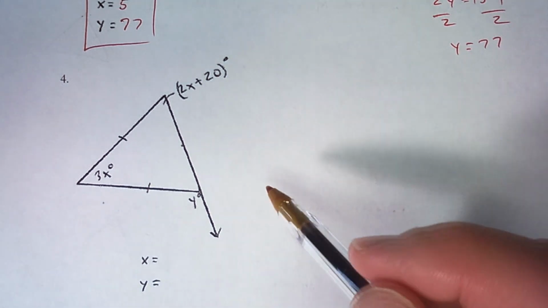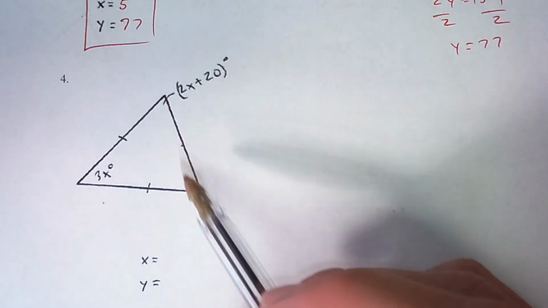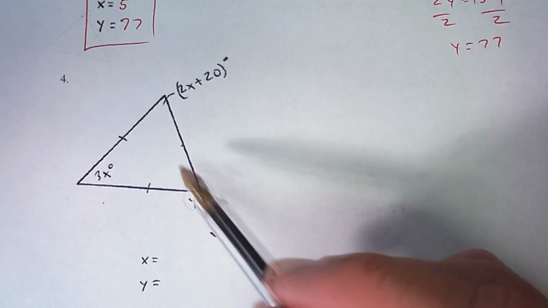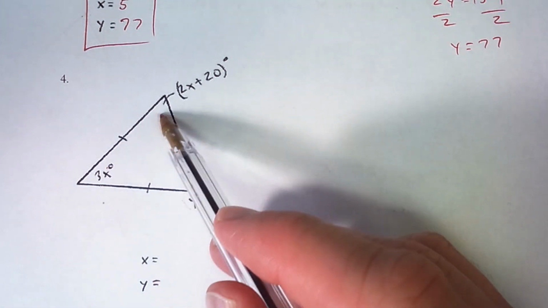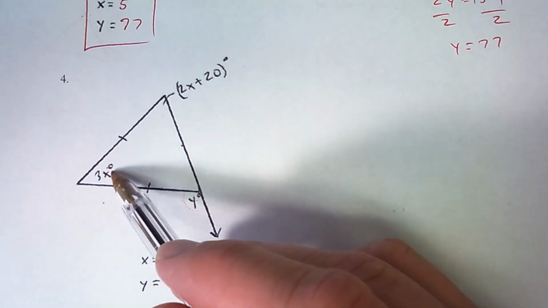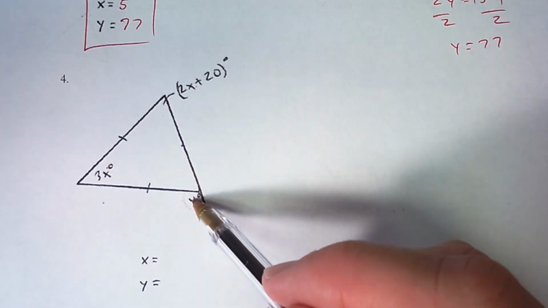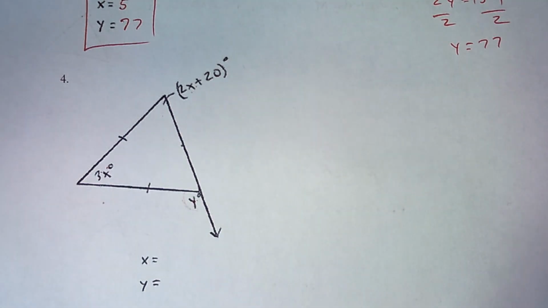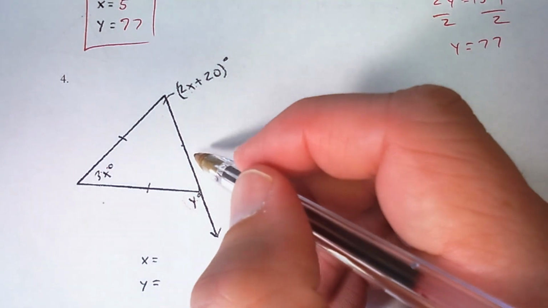All right, we learned this in the last lesson: the exterior angle of a triangle is equal to the sum of the two remote interiors. Unfortunately, I've got variables on all of these and they're different. I've got a y and I've got two x's, but here's something else I know.